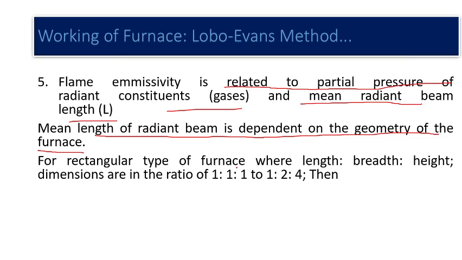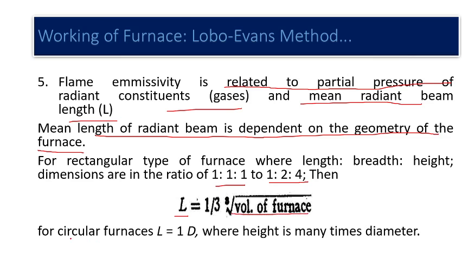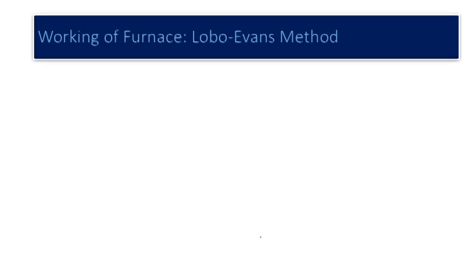For a rectangular furnace where length, breadth and height dimensions are in the ratio of 1 to 1 or 1 to 2 to 4, we can find the mean radiant beam length L equal to 2/3 times the cube root of the volume of the furnace. Obviously for circular furnaces, this L can be calculated as 1 D, where the height is many times the diameter.